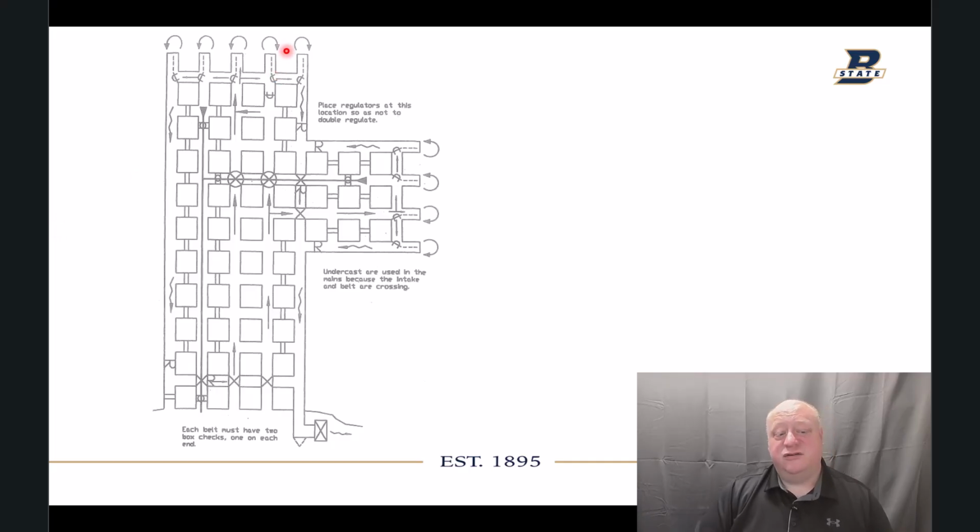But you do see regulators on all returns here. So they're not double regulated. Everything's separately regulated. And then this is an exhausting fan, okay? So you have high negative pressure pulling the air out. And so you have lower pressure back here than you would if you had a blowing fan, right?